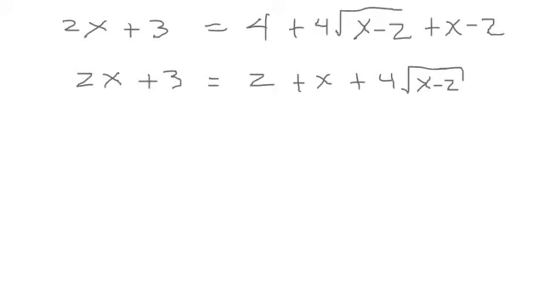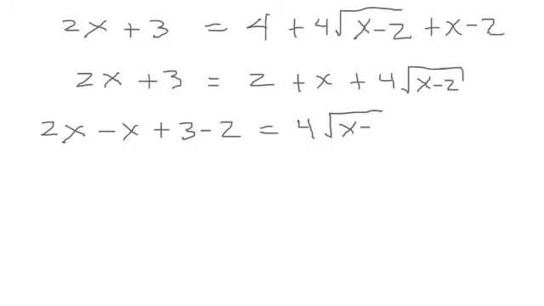We're going to now take the 2x over here to the left, so we end up with 2x minus x, and then 3 minus 2. So 2x minus x is x. 3 minus 2 is just 1.